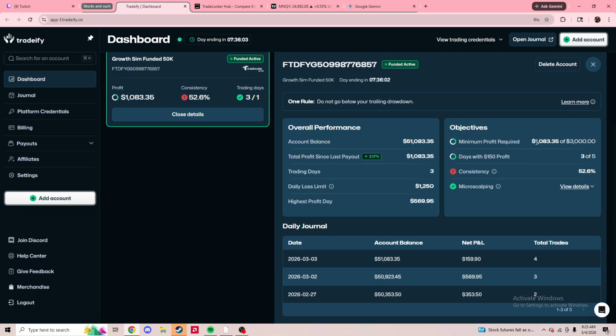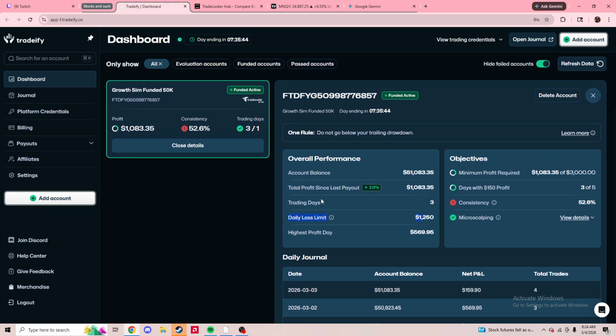I have to get a minimum profit of $3,000 with at least 5 days of $150 profit. I'm able to lose $1,250 in one day, and at max, the most I could lose is $2,000.